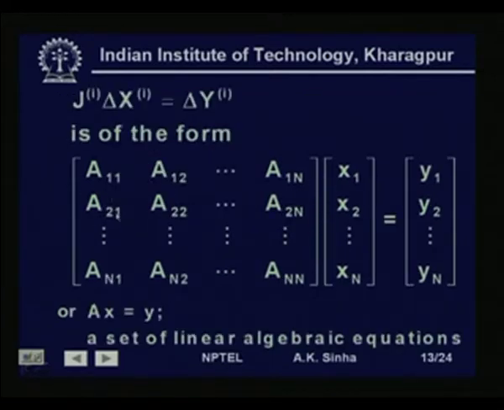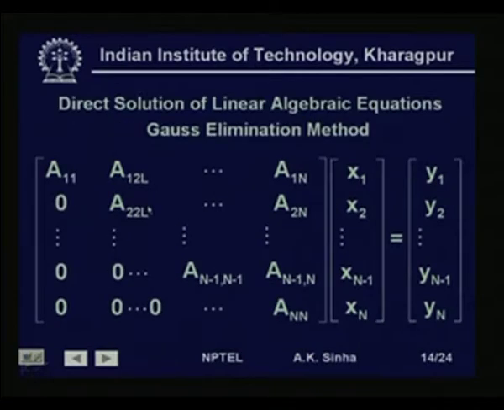What we want to do is first make all these elements below A11 zero. For doing this, we can multiply this row by A21 and then subtract from this. We will see how we do that.